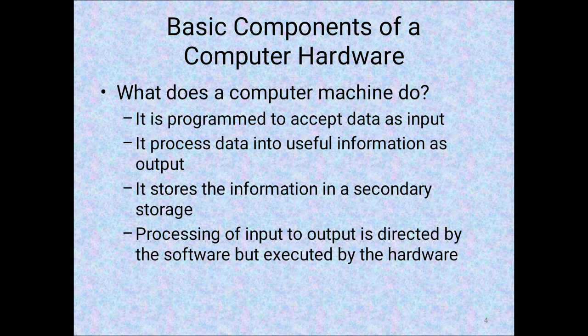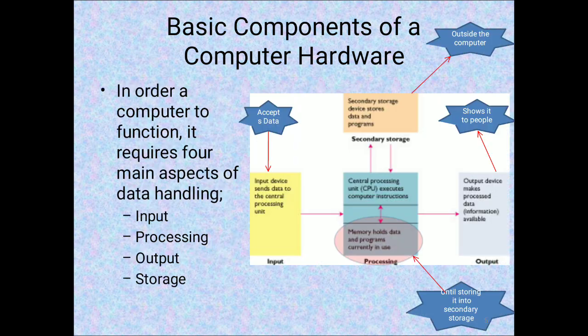After taking the input, it will process data and give us the meaningful output. It stores the information in secondary storage. If people want to store it, it will be stored in a computer secondary storage device. And processing works directly through the execution of the software with the hardware.